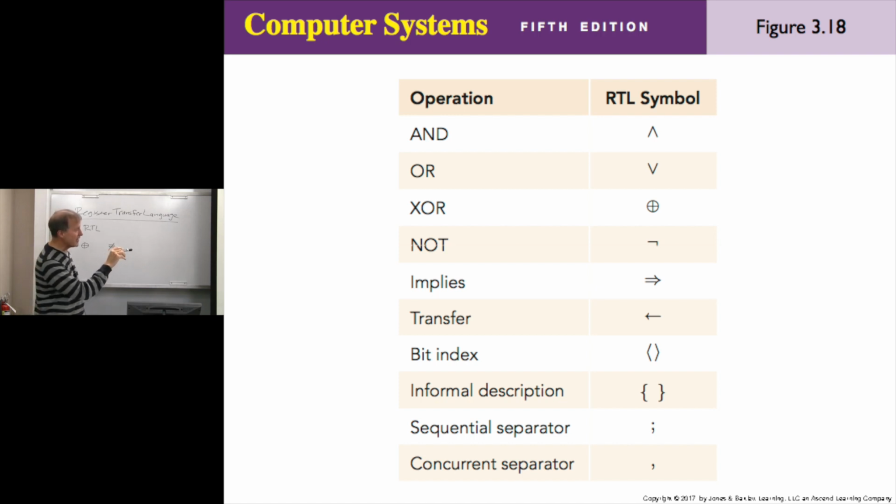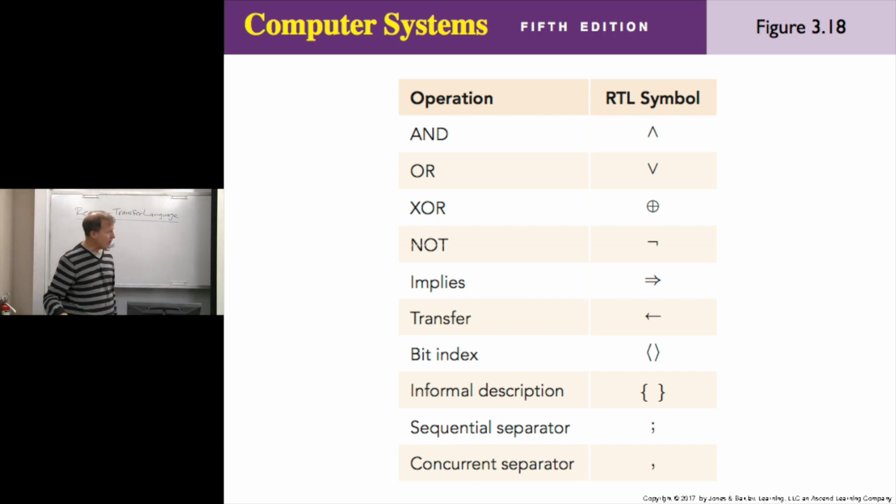And then not, that's our negation symbol. Implies, we're used to implies. Now the transfer operator is a left arrow. Some of you have programmed in R, right? The left arrow is like the assignment operator. It's the hardware equivalent of the assignment operator, and it's the transfer. When a cell gets information transferred into it, you indicate that with the left arrow.